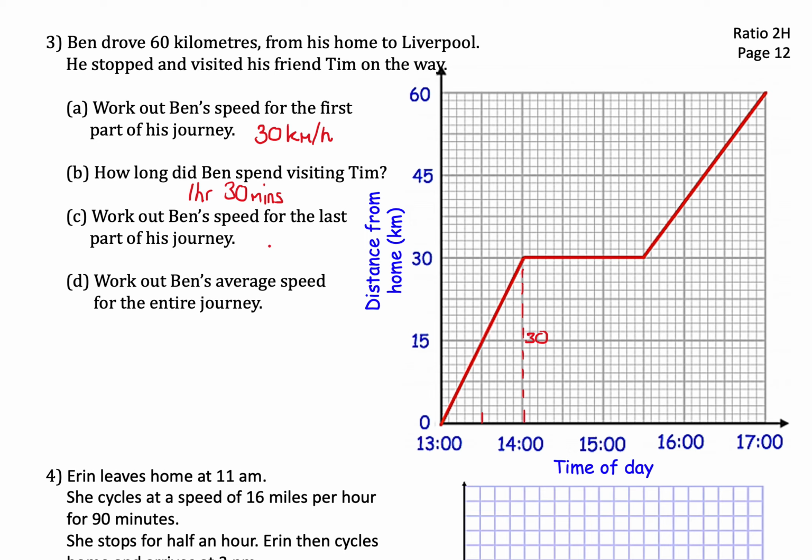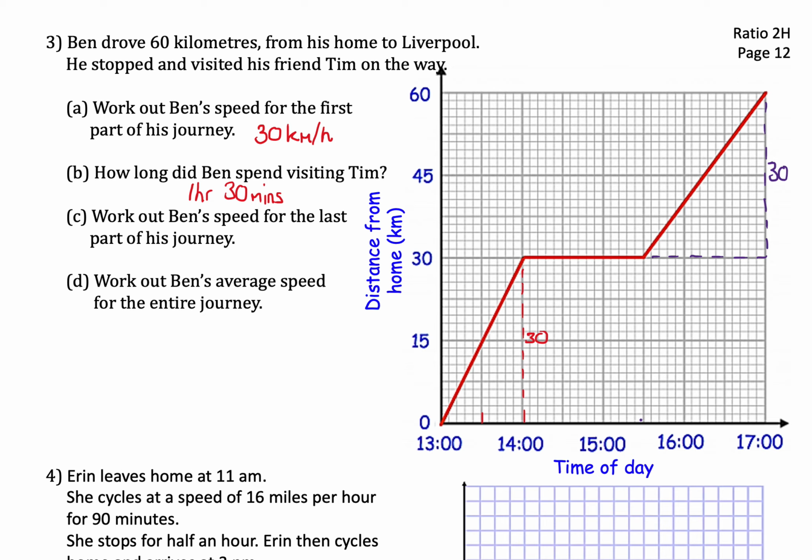Work out Ben's speed for the last part of his journey, so we need the gradient of this bit. I'm just going to draw in a triangle. Remember, this is exactly the same as using the formula triangle, speed equals distance over time. So the distance covered in that leg of the journey, from 30 kilometres to 60 kilometres, so again he's covered 30 kilometres.